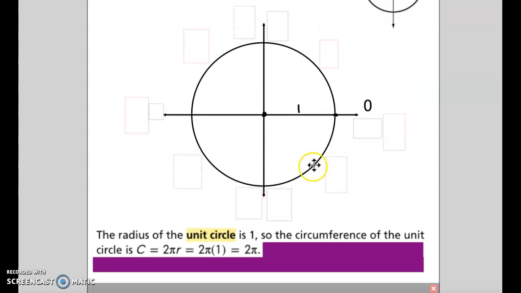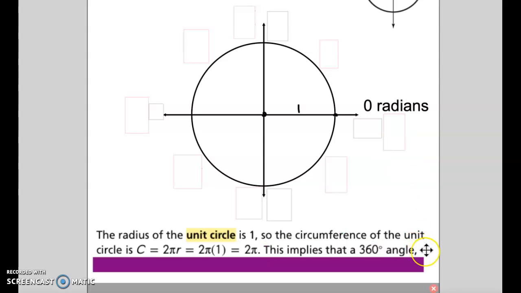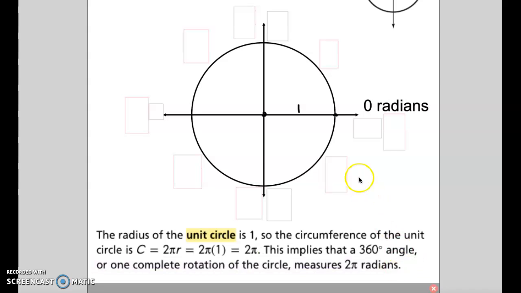That means if I start at 0, which would be 0 degrees, but now it's 0 radians, right? If I go 1 time around, normally in degrees, how many degrees is 1 time around? 360, right? Normally, it's a 360 degree angle, but now 1 rotation measures 2 pi radians.